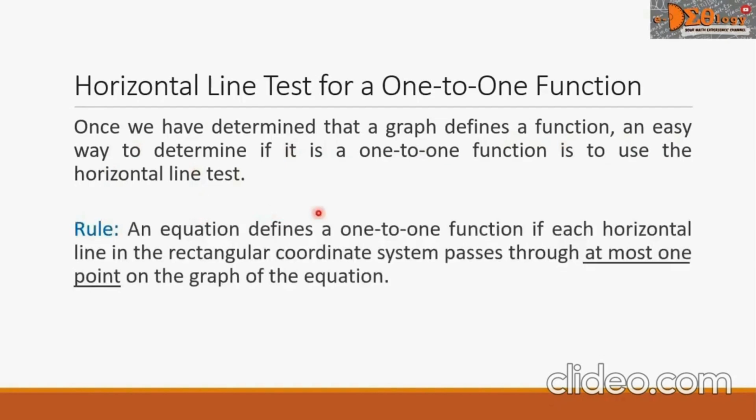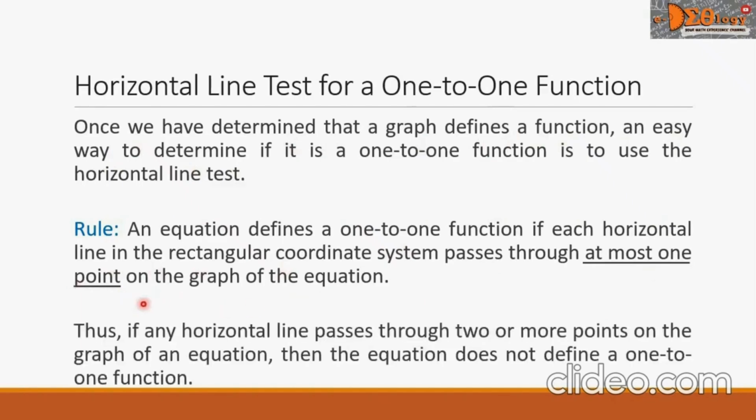An equation defines a one-to-one function if each horizontal line in the rectangular coordinate system passes through at most 1 point on the graph of the equation. Thus, if any horizontal line passes through 2 or more points on the graph of an equation, then the equation does not define a one-to-one function. Let us see some examples.